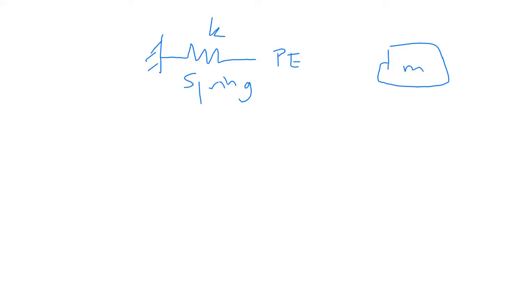So the basic elements: you need to have a spring k, which stores potential energy. And then you need to have a mass which moves and stores kinetic energy.